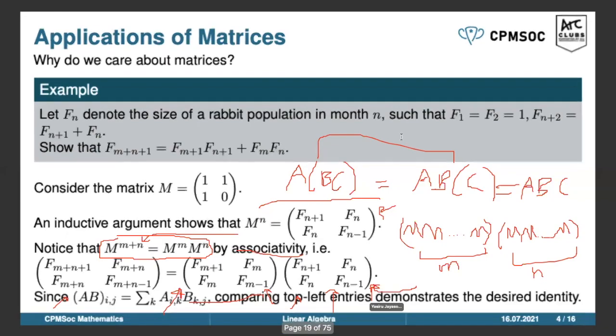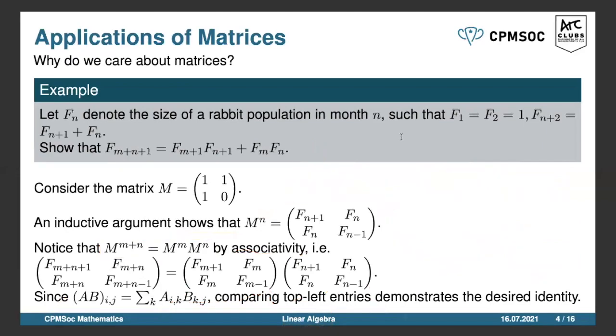we can go to the next. Okay, now expanding out the right-hand side, you can look at the top left entry over here, and this is used to find the top left entry.